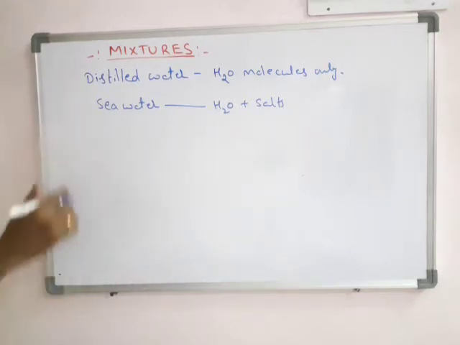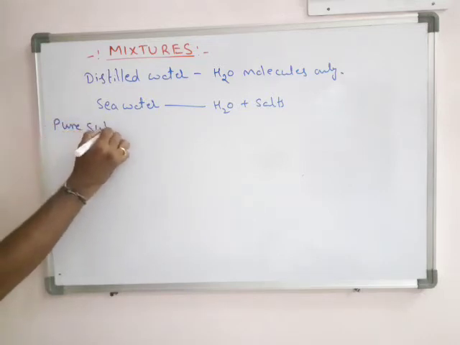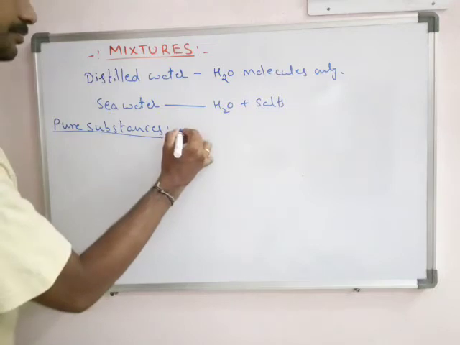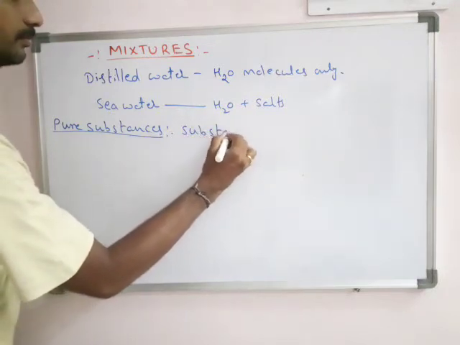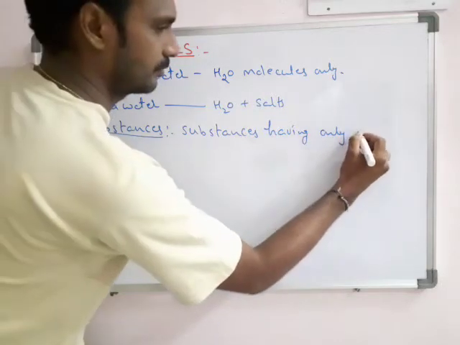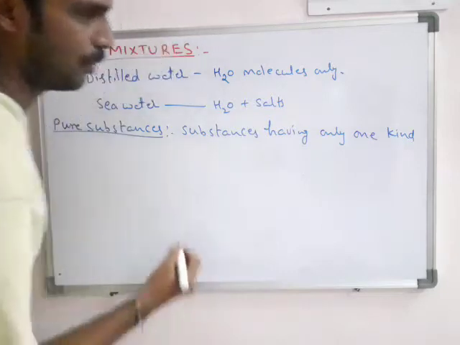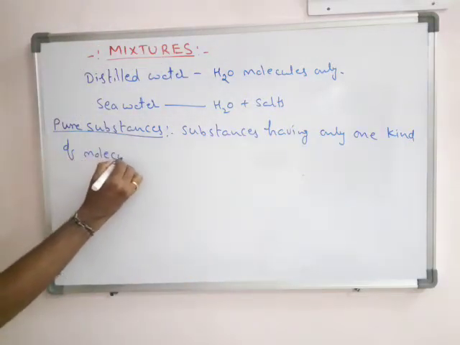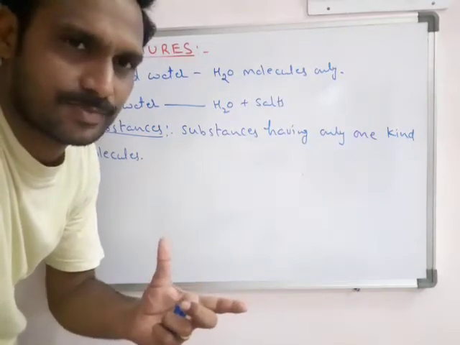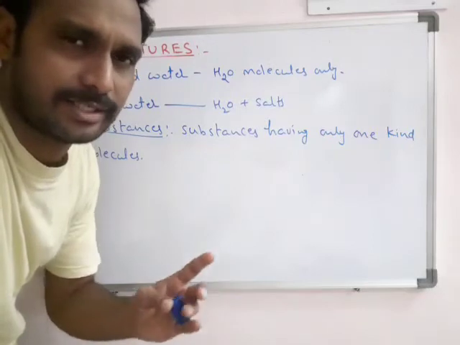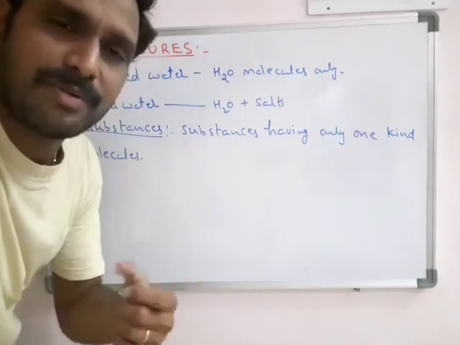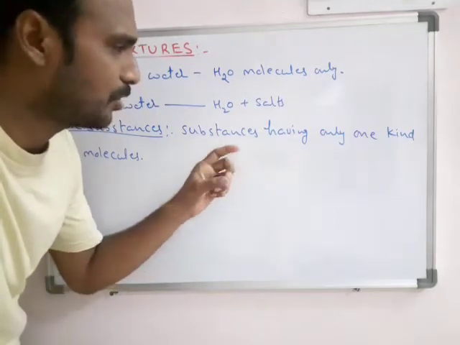First we see the pure substances. Substances having only one kind of molecules are called pure substances. We took distilled water as an example, that is tasteless. But not all pure substances are tasteless. Some pure substances may be colored, may have taste, maybe some smell, whatever it is, it contains only one type of molecules.